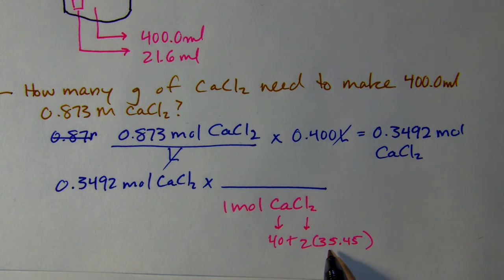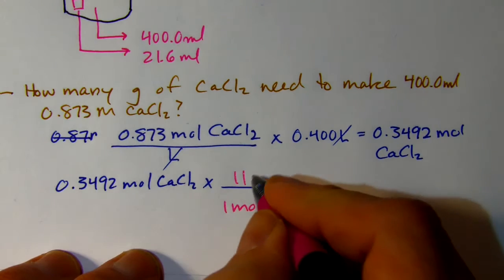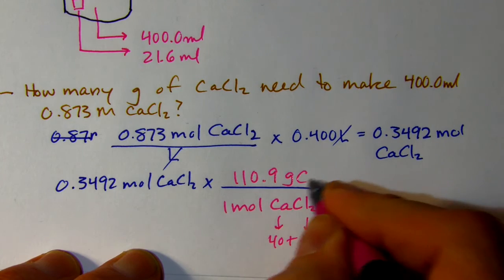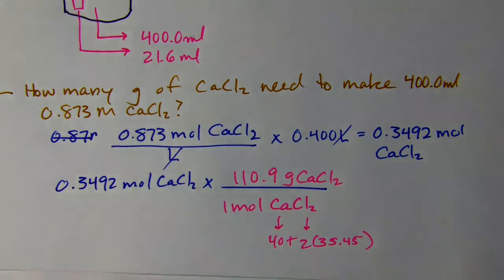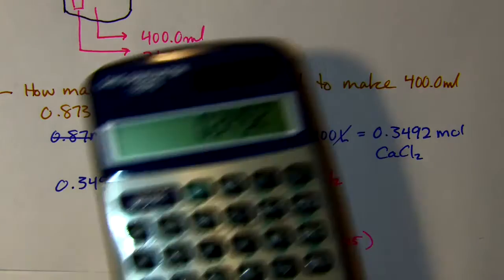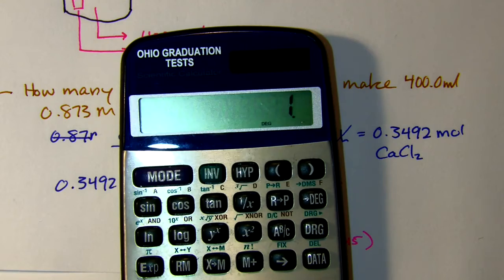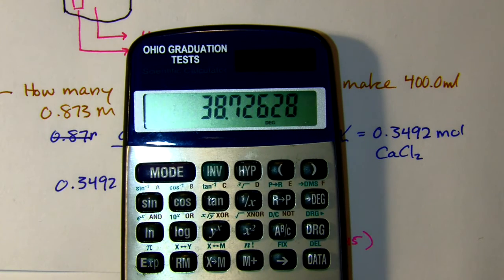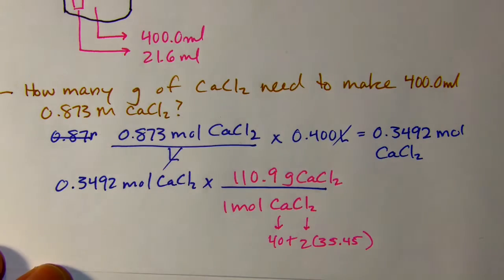So that's 70.9. So this ends up being 110.9 grams of calcium chloride. This is why you leave your number in your calculator. Okay, don't delete every time you do something. Times 110.9. Okay, 38.72. Right?